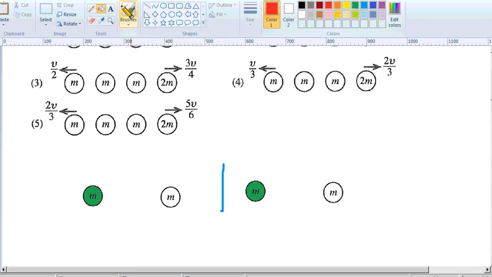Therefore I am using colors. So first, what happens, they say that this ball moves with a velocity v and this one is stationary, so its velocity equals 0.